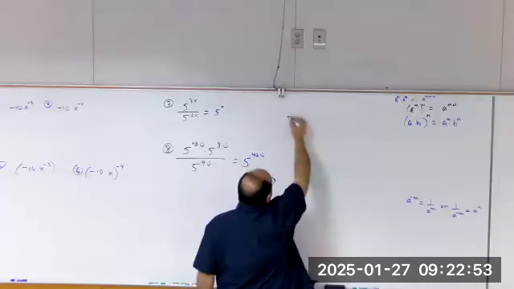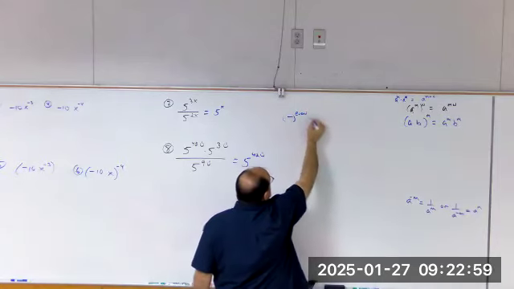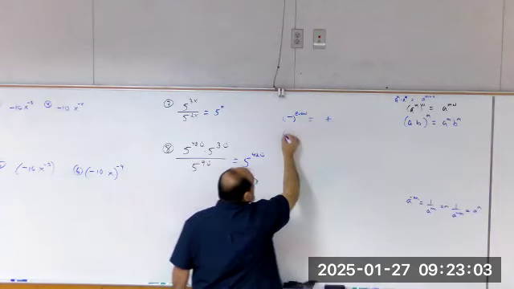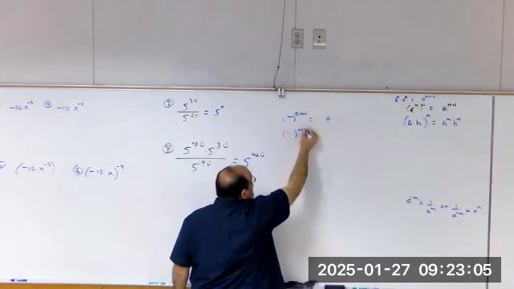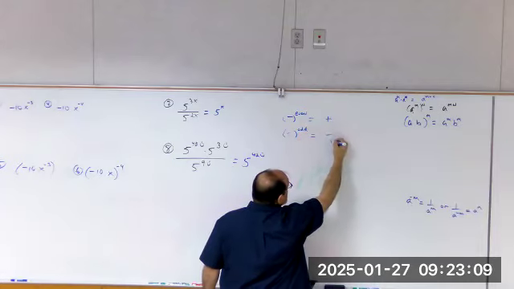If you have a negative to an even, and it's in parentheses, that's going to be a positive. If you have a negative to an odd in parentheses, that's going to be a negative.